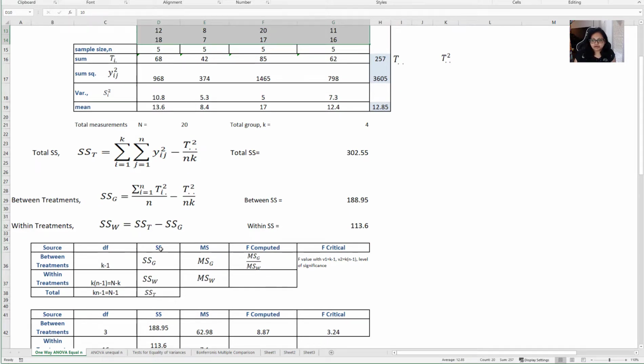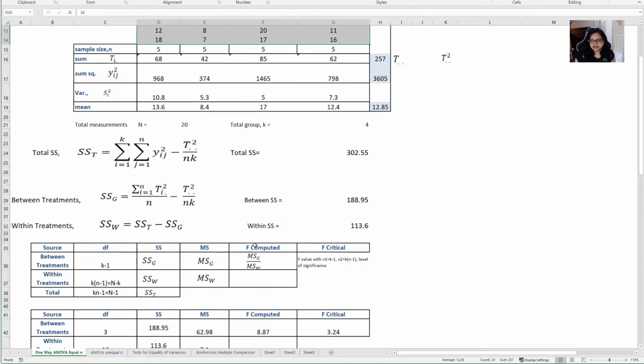Sum of square, we already calculated, so you can see that I added them. Sum of square for within group, and then sum of square between groups. Mean square is the sum of square divided by degrees of freedom. Same thing for within group, within treatments.